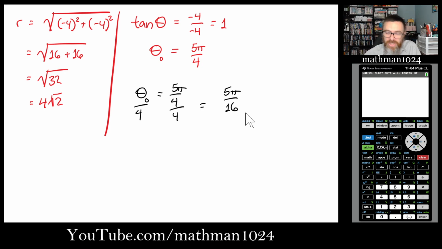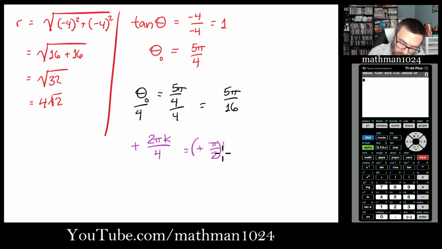And then what I'm going to be doing is adding, so then you have to add 2 pi k over n to get the other iterations here. So that means plus pi over 2 times k. And k is going to go 0, 1, 2, 3.